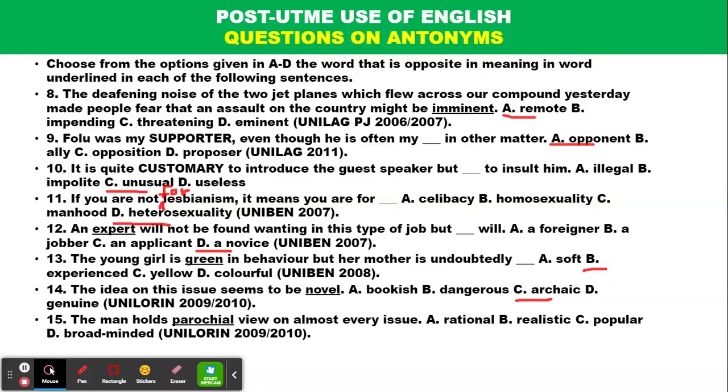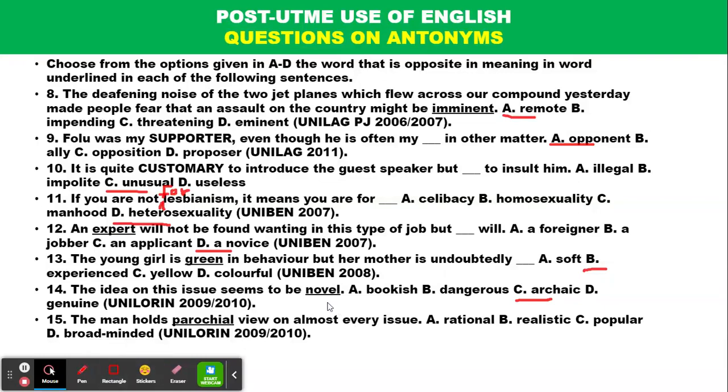Today we have just zeroed in on antonyms, and in subsequent lessons we shall be looking at synonyms, other grammatical structures, and we will also look at comprehension questions. And of course, always tune into this channel, and you will learn quite a lot.